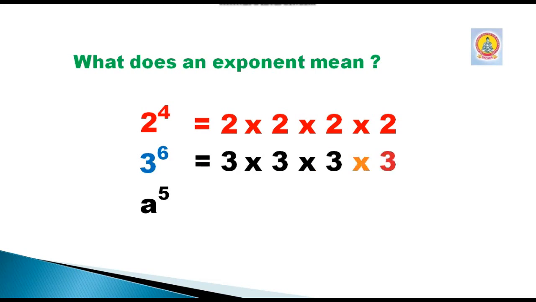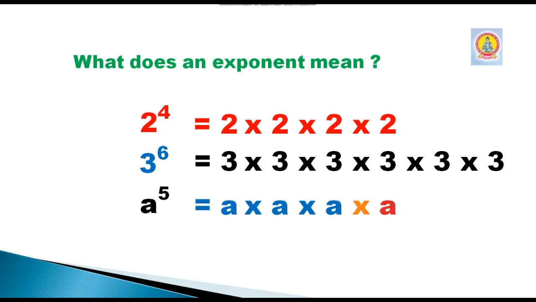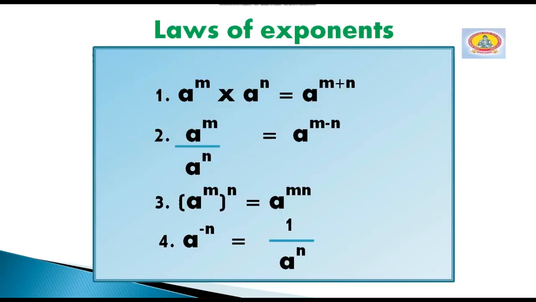Then 3 to the power of 6 means 3 is multiplied 6 times. A to the power of 5 is equal to a into a into a into a into a. That is, a is multiplied 5 times.